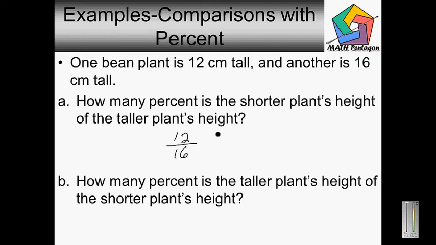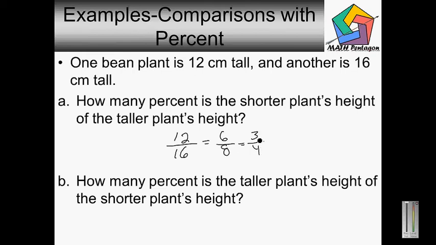So we're going to be looking to see how many percent is the shorter plant's height compared to the taller plant's height. So what we basically do is reduce this to 6/8. Still could reduce that to 3/4.